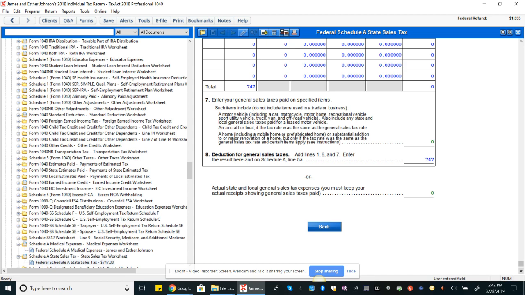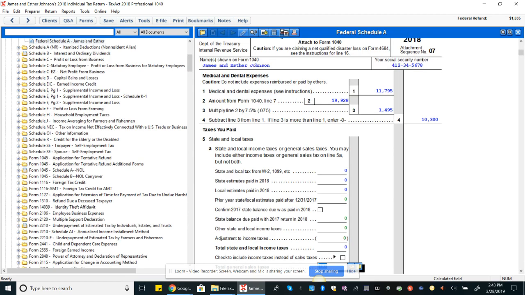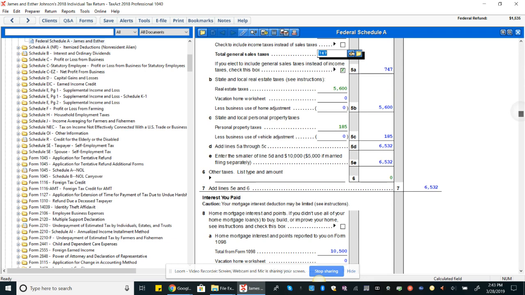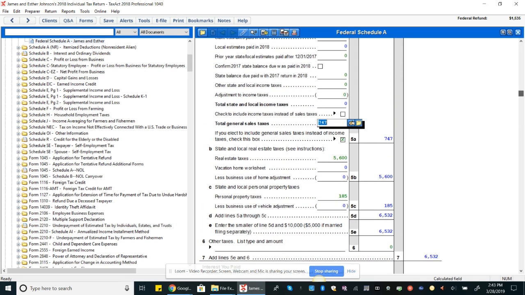Now the amount should be flowing for us, and we just click back. Let's see here. There it is, $747. So that's how you enter that. And that is all.